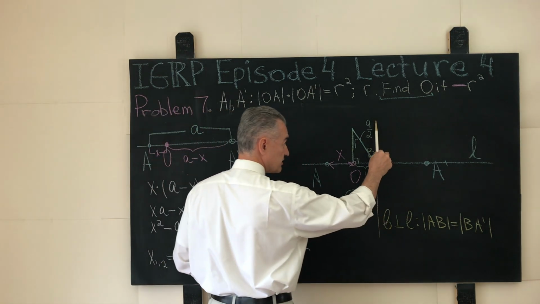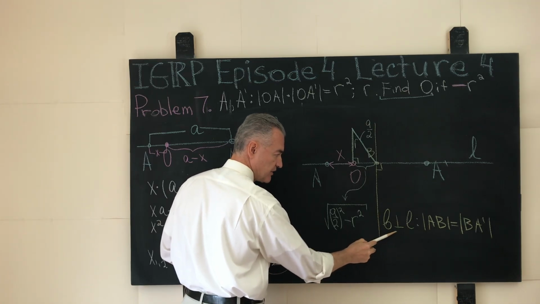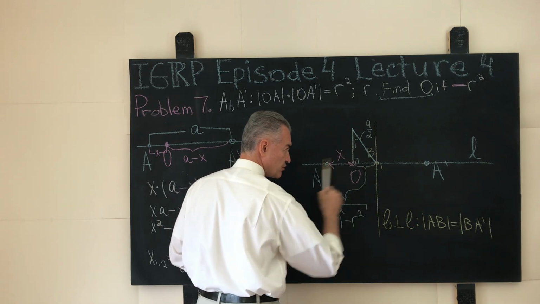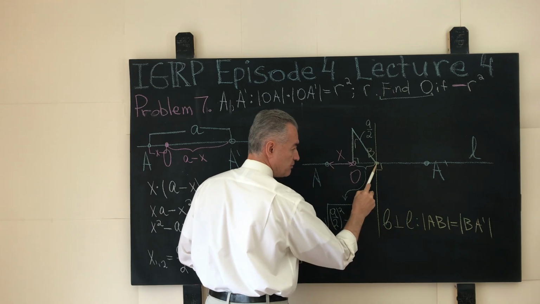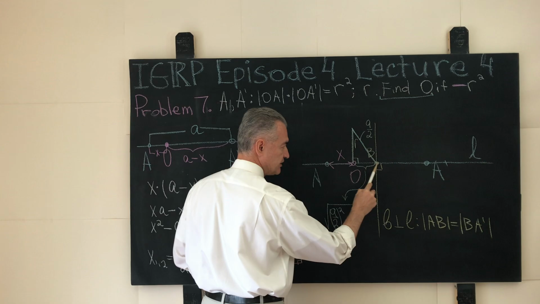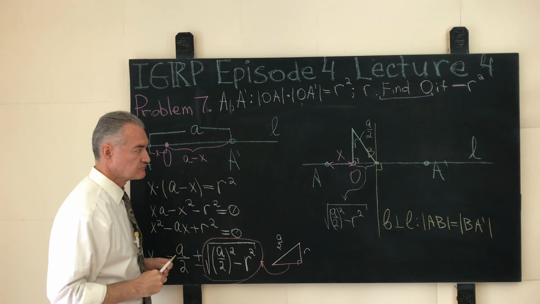So if we cut this line segment in half with the perpendicular bisector B that is perpendicular to the straight line L that passes through the inverses, such that the point B, where B and L intersect, is equally distant from the points A and A prime.